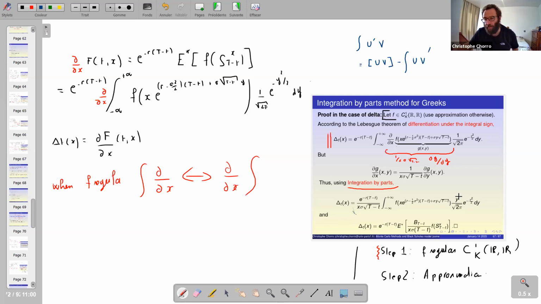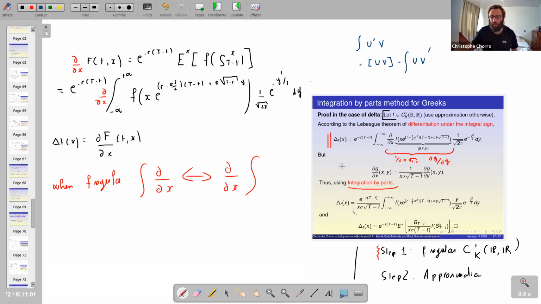And so you obtain here my N(0,1), or the square root of capital T minus t times y, which will be exactly the Brownian motion at the point capital T minus t. Okay, so I obtain the delta in this expression without using derivatives, and then my delta may be expressed using an expectation, an expectation without any type of differentiation.